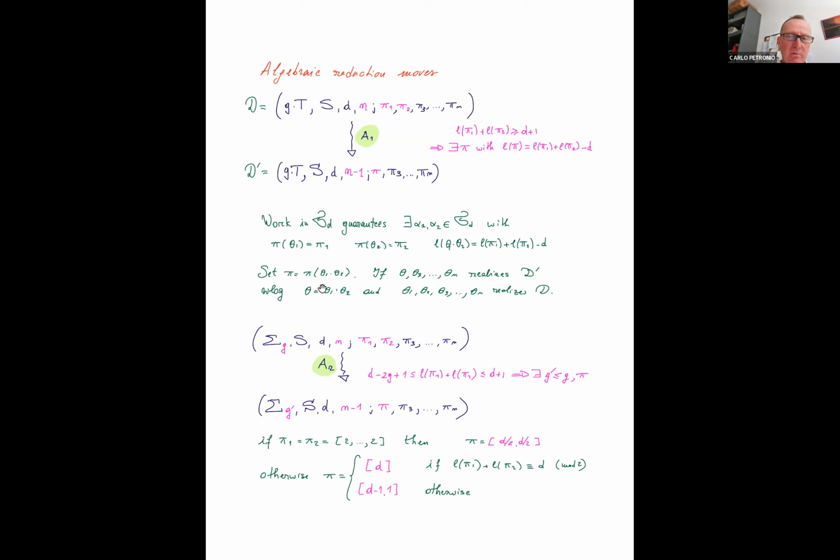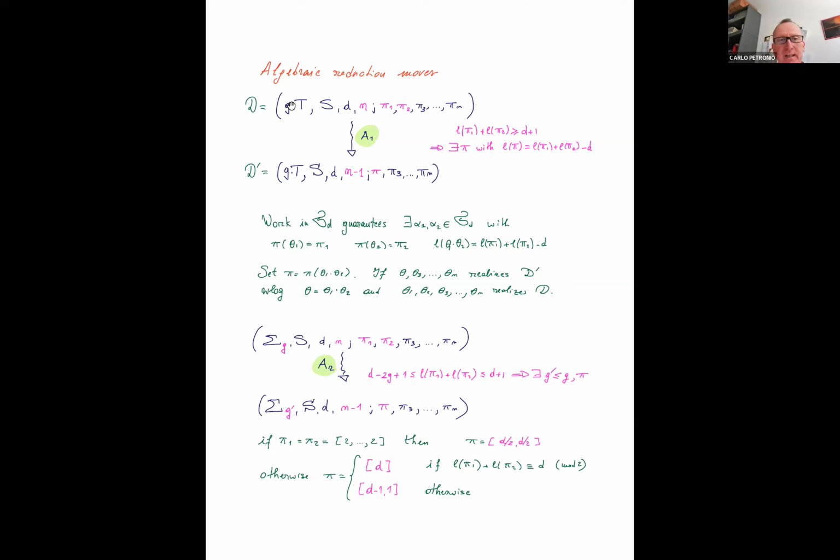So you can assume they are actually the same. And then theta 1, theta 2, theta 3 up to theta n realizes d. So when the sum of the first two lengths is big enough, you can reduce the number. And second combinatorial reduction move, you can do the same also if it's small enough.